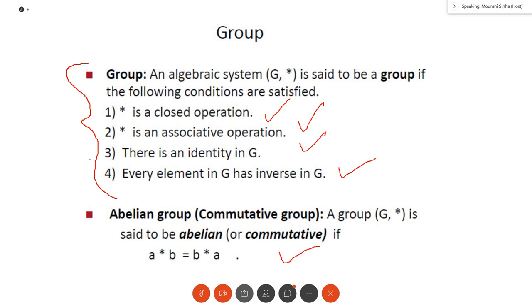Okay. So, Niladri, is it clear to you? Have you got what is an identity? Yes, ma'am, it's clear. Can you tell, for the set of rational numbers and the operation addition, what will be the identity element?